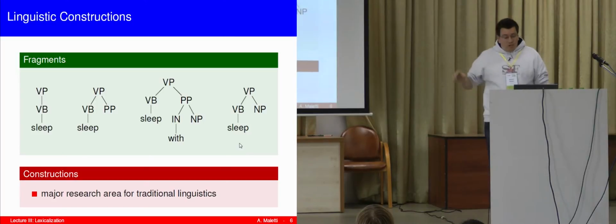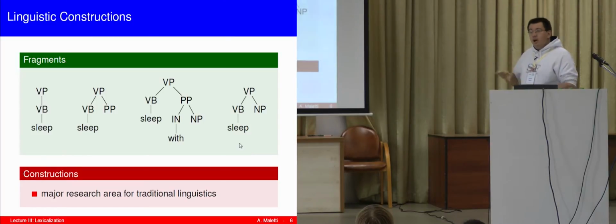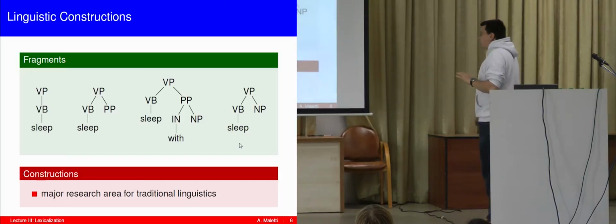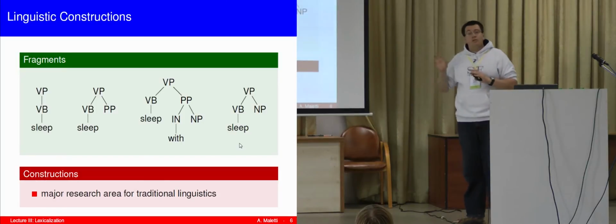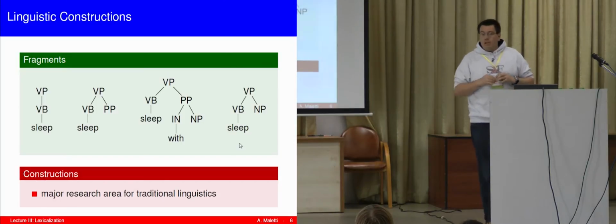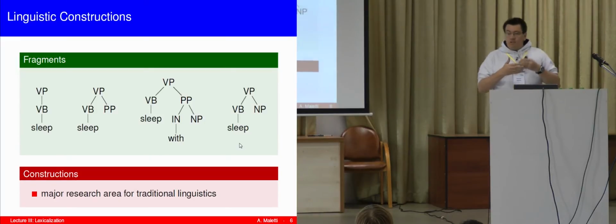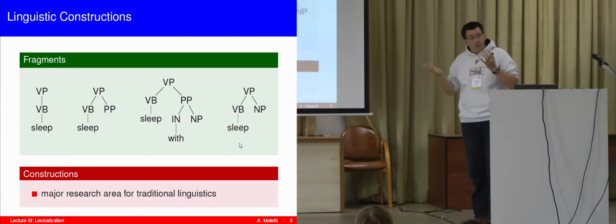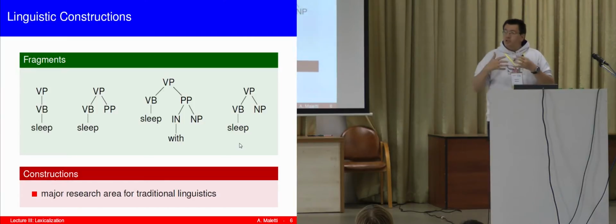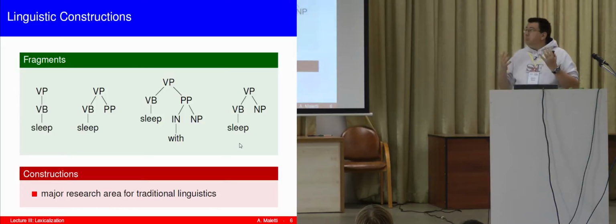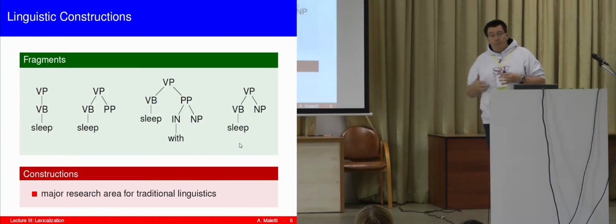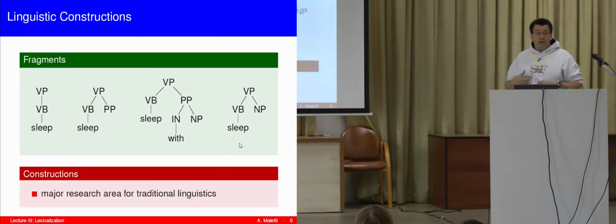Okay. So such constructions are a major research area, not for computational, but for traditional linguists, right? For them, reading the newspaper is work. They read the newspaper, they try to find out, oh, here somebody used a certain word, a verb, a noun, in a creative, imaginative way that is somehow different from the standard usage.